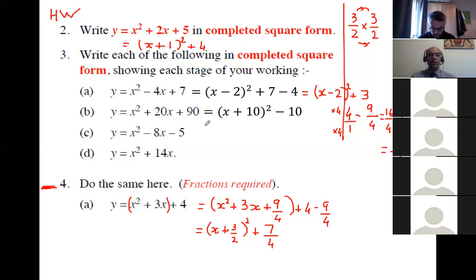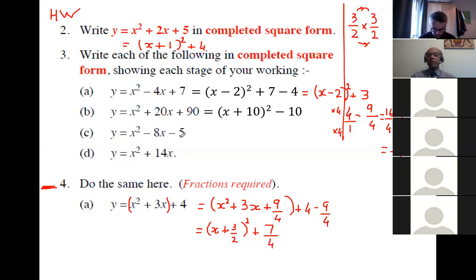On the next one, we're looking at x minus 4 squared, because it's half of negative 8. And because we need to compensate for negative 4 times negative 4, which is 16, it's minus 16.